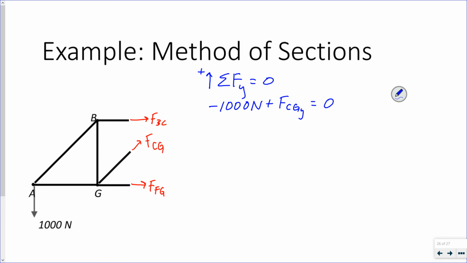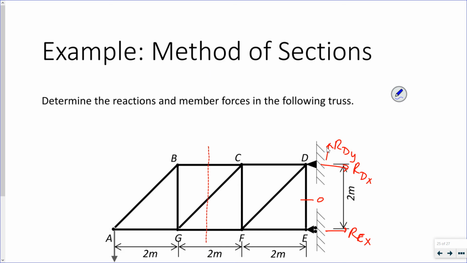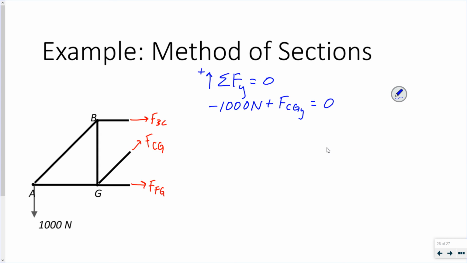Now, if I go back and look, this is 2 meters by 2 meters, so this is a 45-degree angle. So my vertical component of FCG is 1,000 newtons.